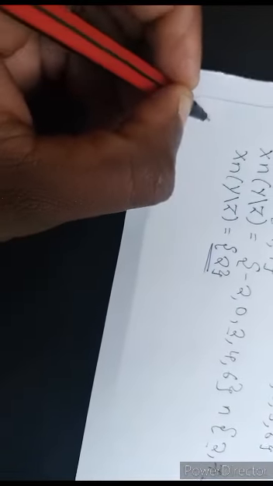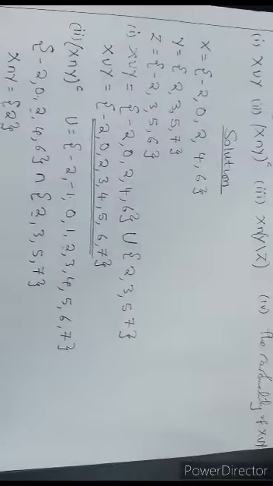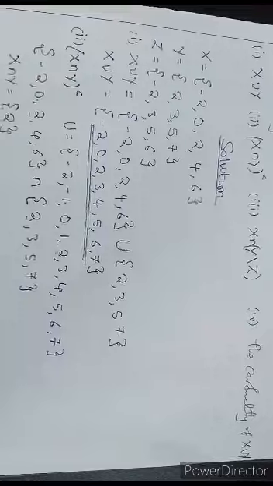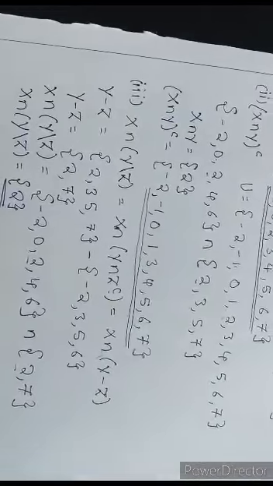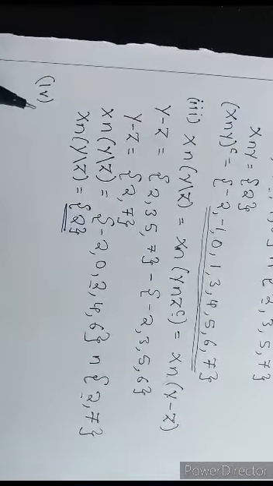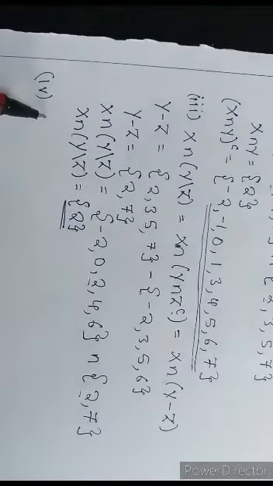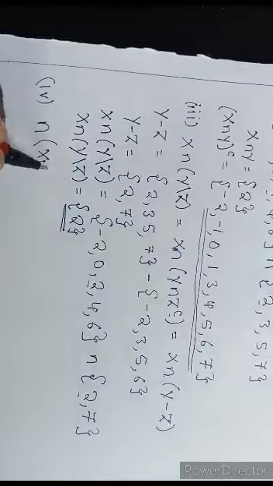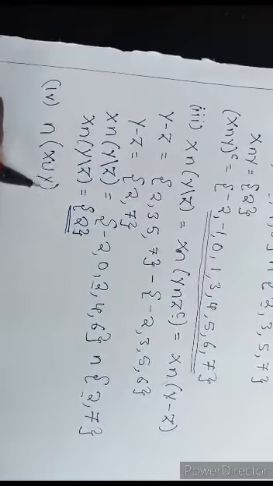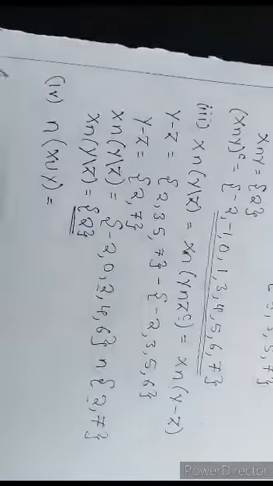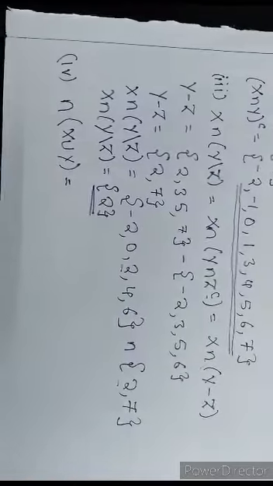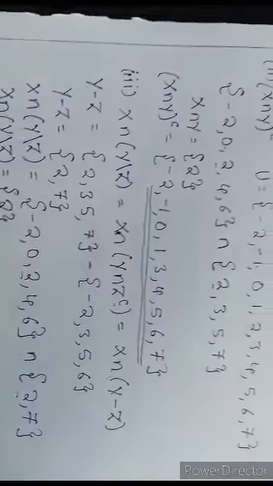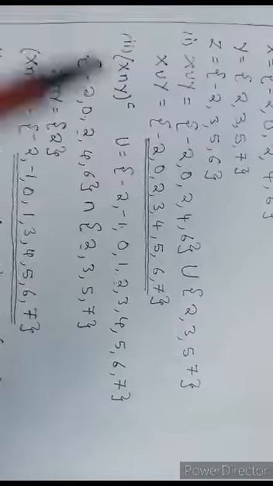And then the fourth question, which is the cardinality. They're asking us to find the cardinality of x union y, which can be represented as n open bracket x union y. They are simply asking you for the number of elements in x union y, and we found x union y to be equal to this here.